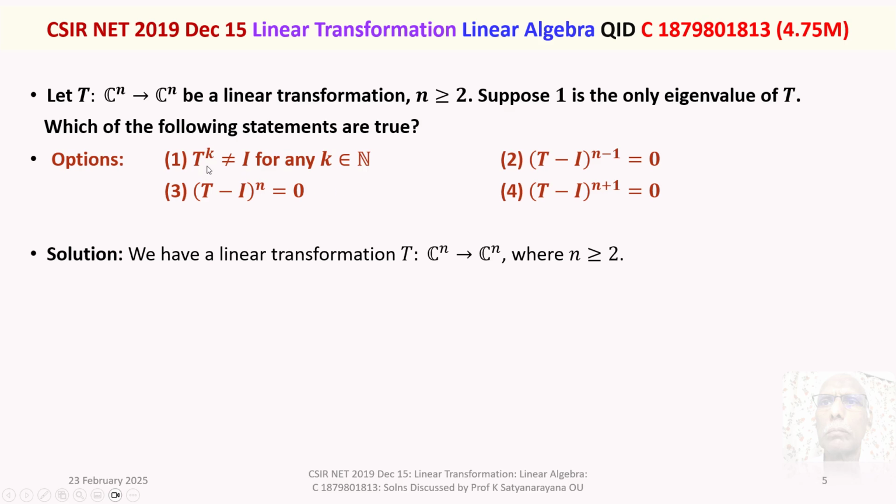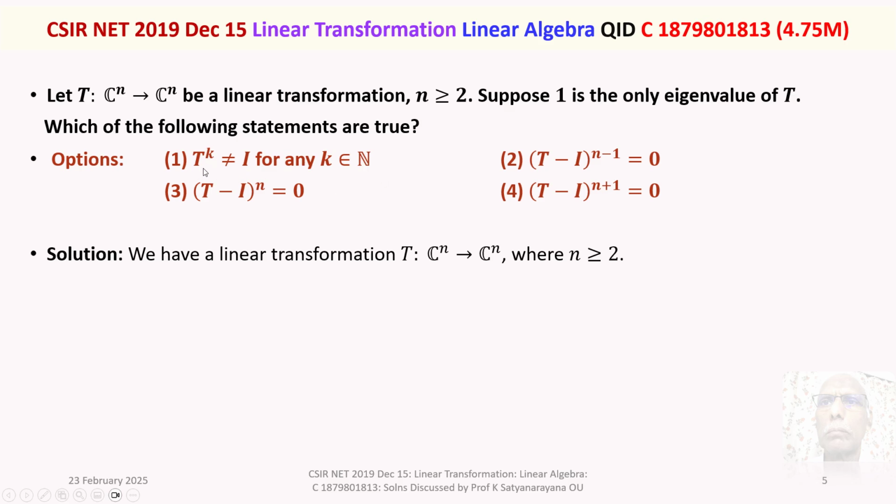What are the eigenvalues of the identity matrix of order n? 1 is the only eigenvalue of I. And when you take T power k, that is I power k, it is I only, for any k belongs to N. So the statement that T power k is not equal to I for any k belongs to N is false.